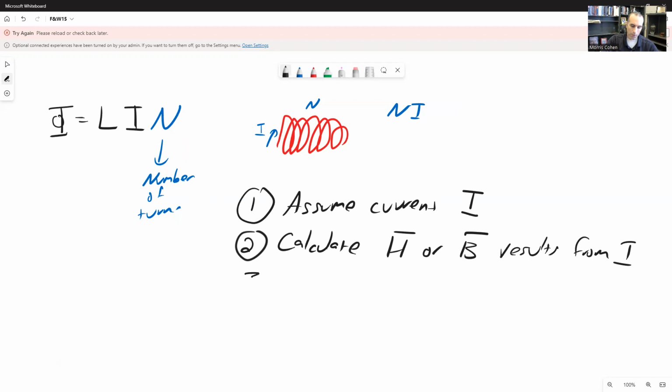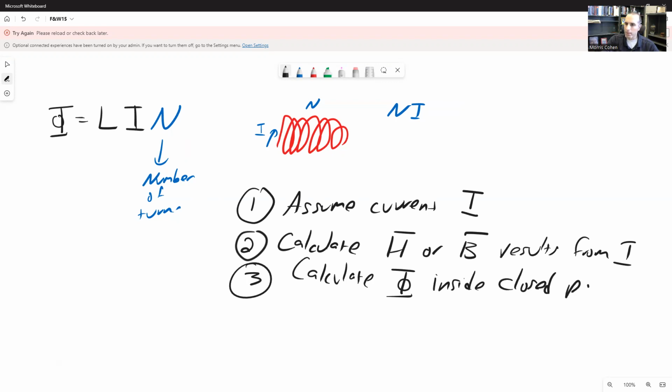Step 3 is to calculate the total magnetic flux inside a closed path, right?